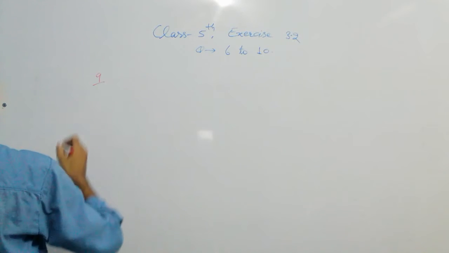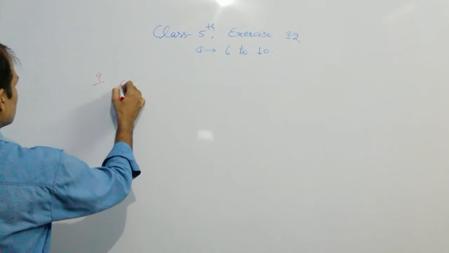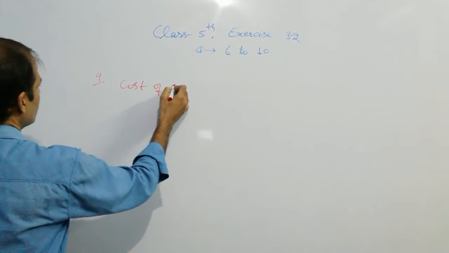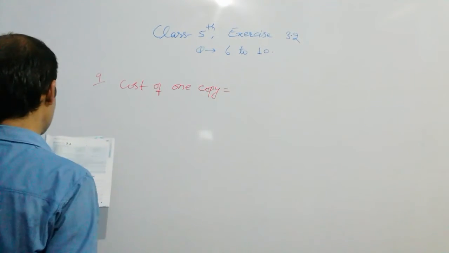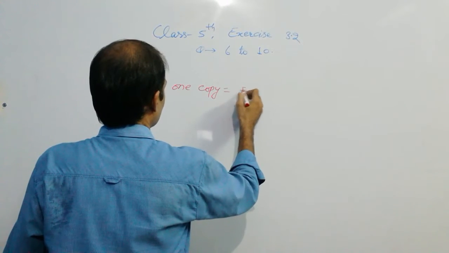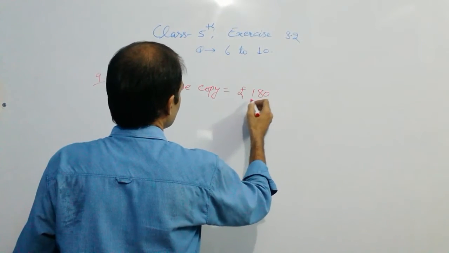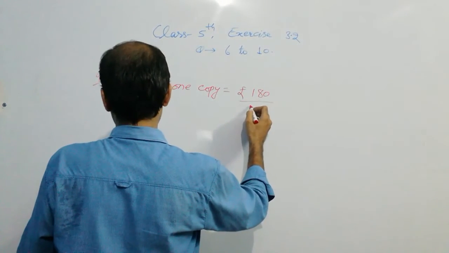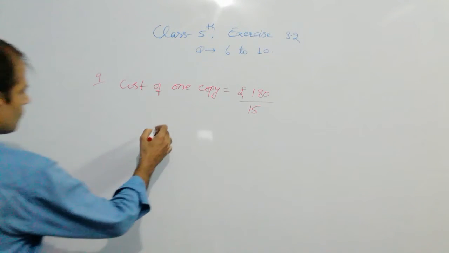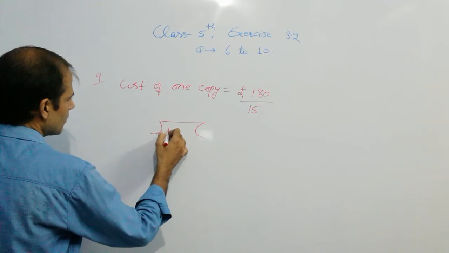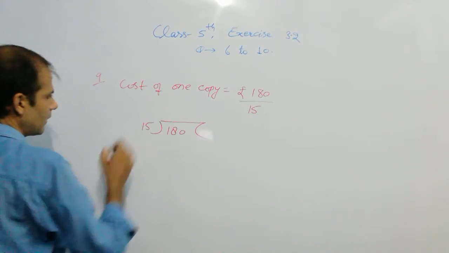Question number 9. Cost of one copy is rupees 180 divided by 15. Okay, so perform the division 180 by 15.